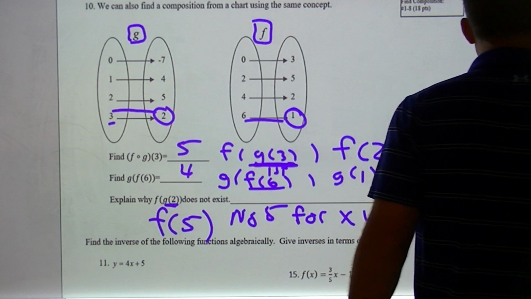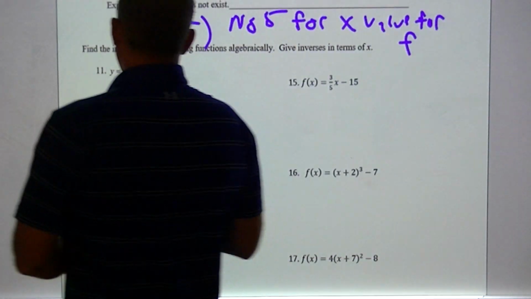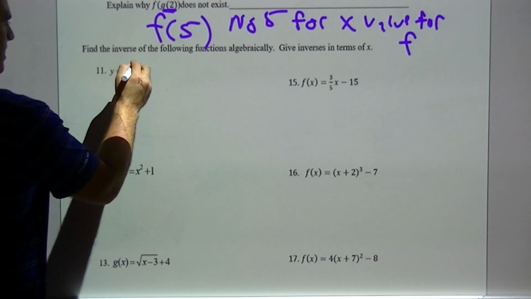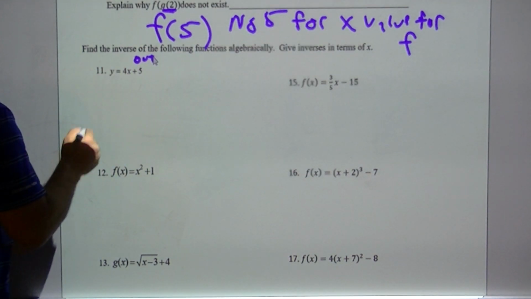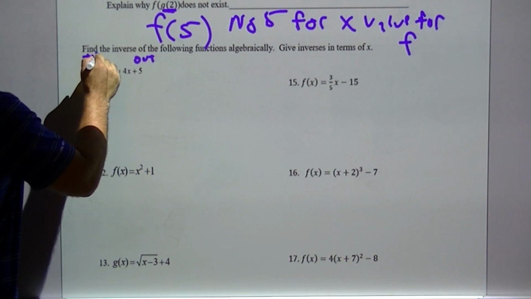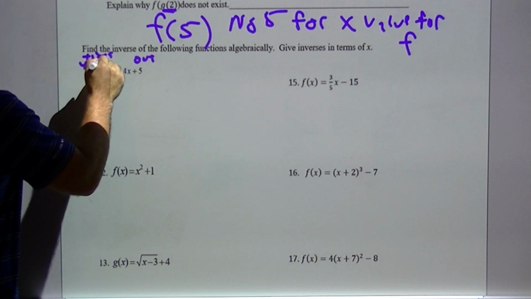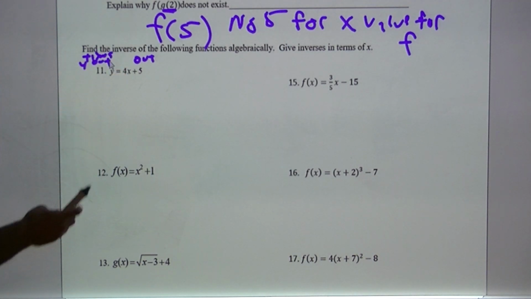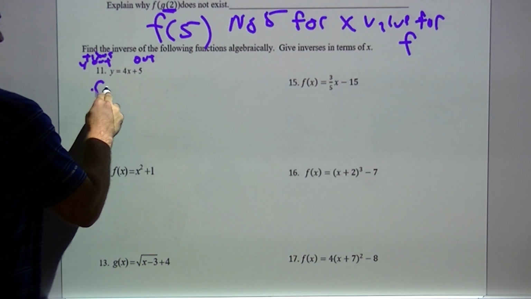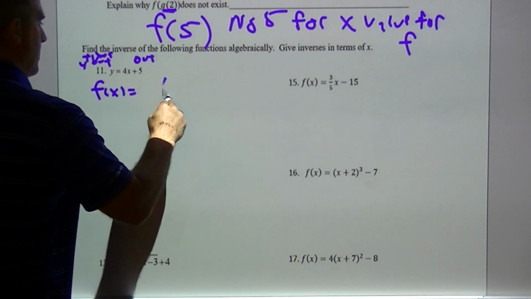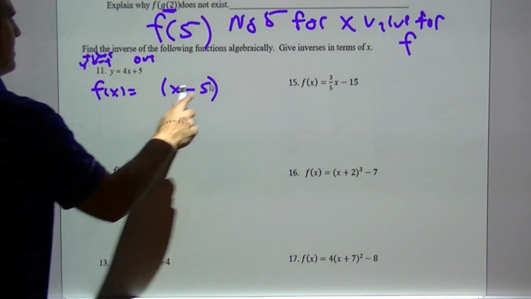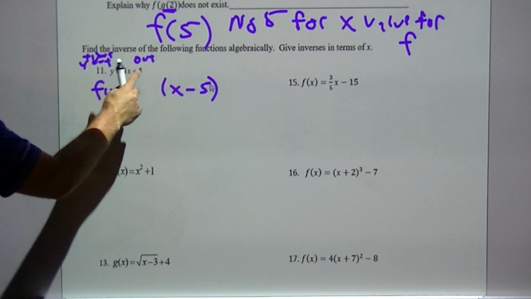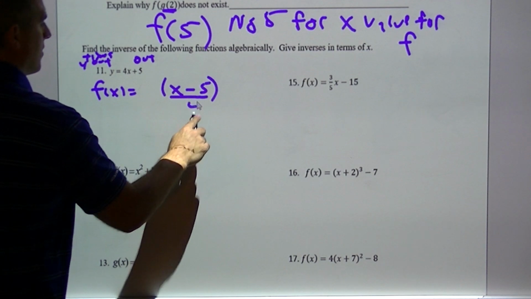All right, so I got 4x plus 5. What this is going to be is this is plus 5 outside. This is times 4 outside. Okay? So, what I'm going to have is my function is going to be, I'm going to start with x. Plus 5 is outside, it's going inside for minus. This is 4 times the outside, so the opposite would be 4.